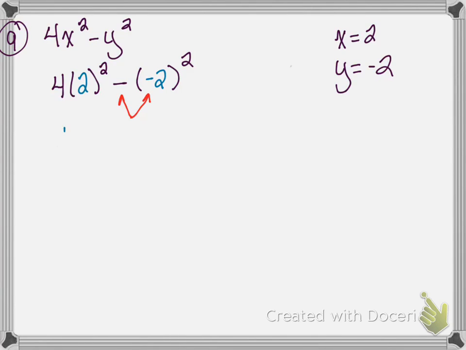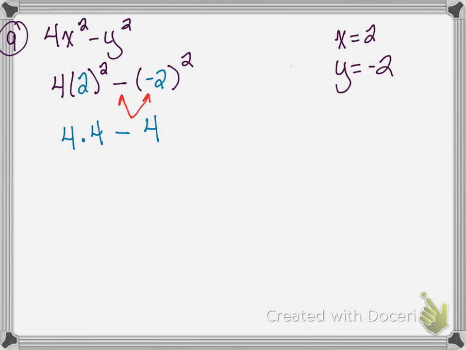So I have 4 times 4, because 2 squared is 4, minus negative 2 squared. So the correct step here is 4 times 4 minus 4. That's the correct step. If I canceled out that double negative, I would have 4 times 4 plus 4.